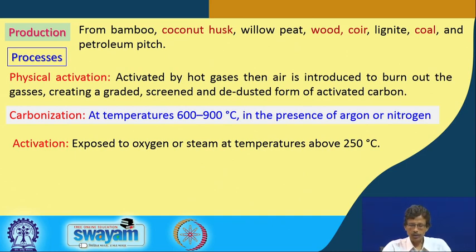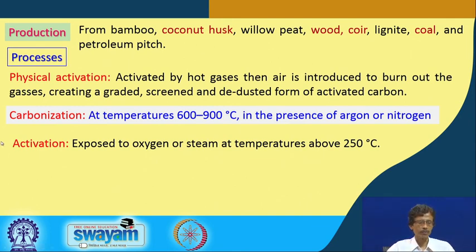During that activation process, it is exposed to oxygen or steam, either oxygen or steam, at a temperature of only 250 degrees centigrade. So, the steam or oxygen is passed over that processed carbonized form of carbon and it gets activated.